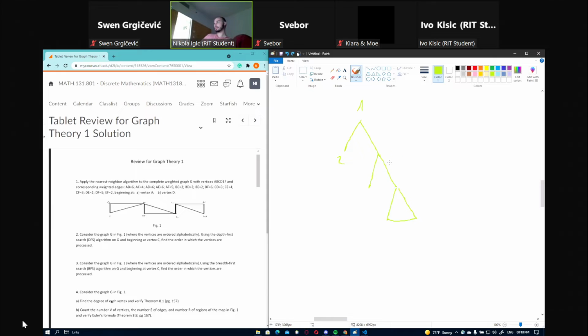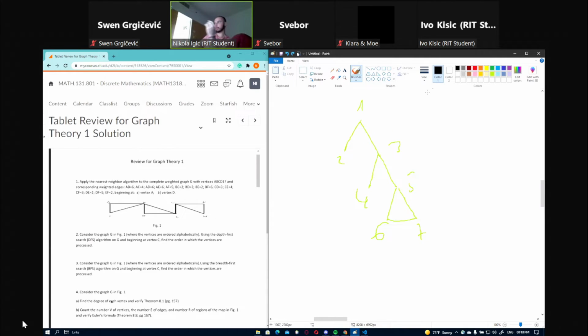It would be more logical to write 3 here, 4 here, 5 here, 6 here, and 7 here. If someone asks how many regions this has, you can say 3: 1, 2, 3. It's much easier writing like this.